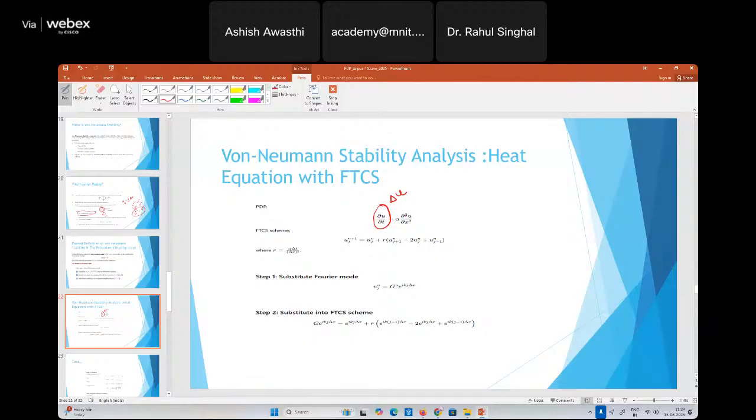Here it is basically time, so it is forward time, n plus 1 to n, right? So this scheme has come up.